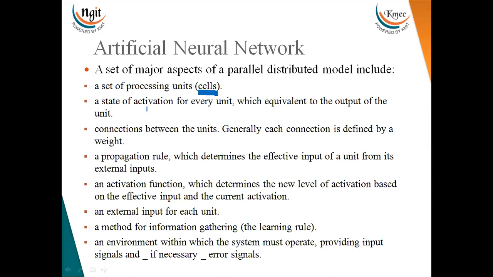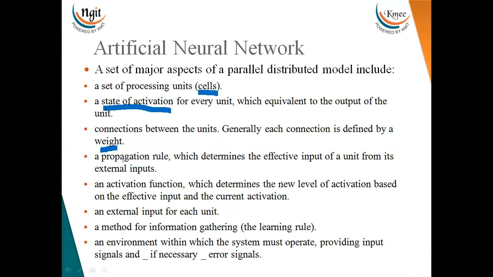From one layer to the next layer, the neuron should be activated, means there is a state of activation for every node in your network, and that is the output of that node, that unit. There are connections between these units, because these neurons should be connected, then only the network will be formed. And these connections are weighted.